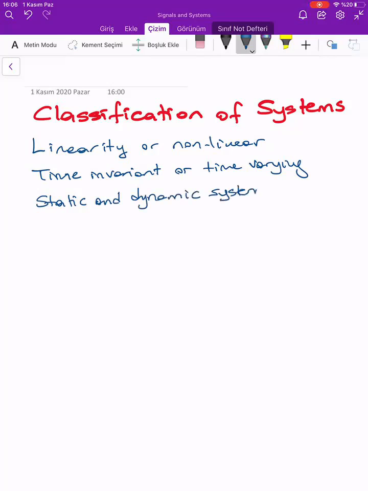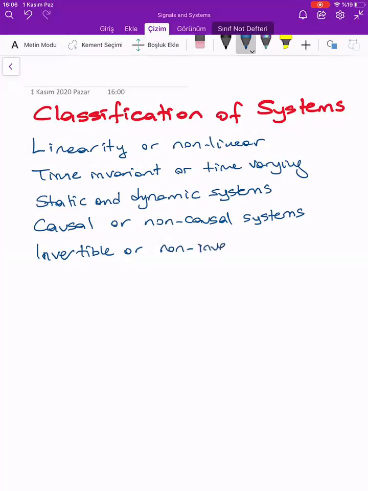We may also talk about causal or non-causal systems. We will also be talking about invertible systems or non-invertible systems. And finally, we will be talking about stable systems or unstable systems.